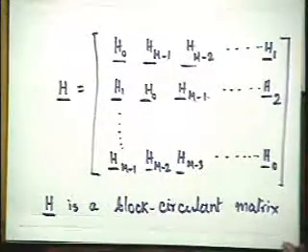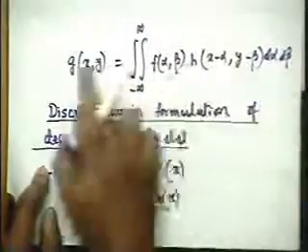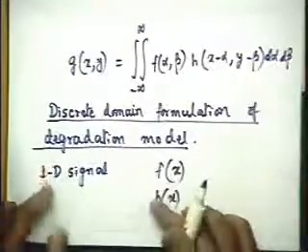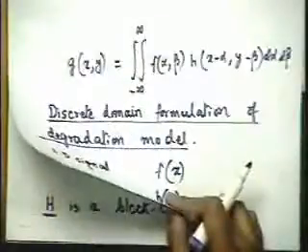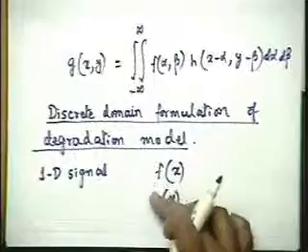All right. Now, what we did so far was nothing but the same convolution expression for degradation that we had considered, but instead of writing the convolution expression in the continuous domain, we are just writing it in the discrete domain.